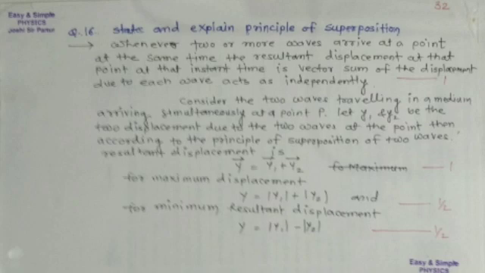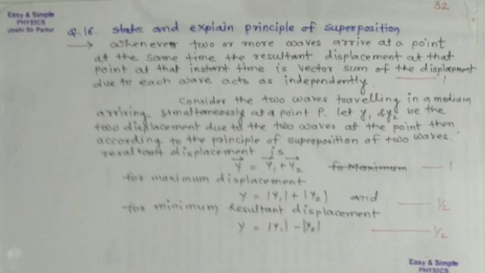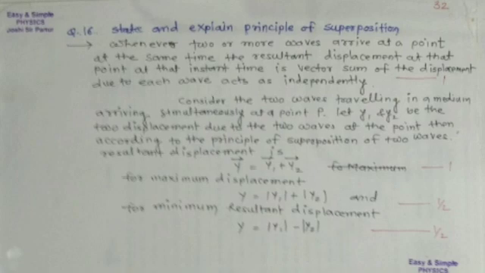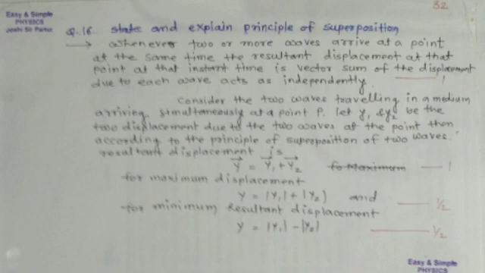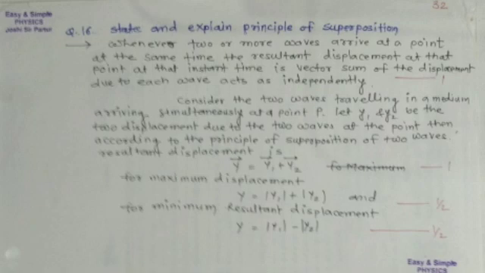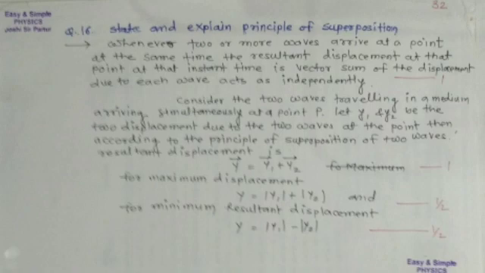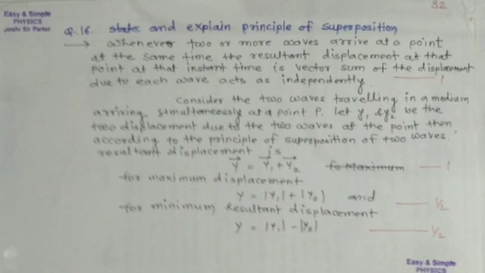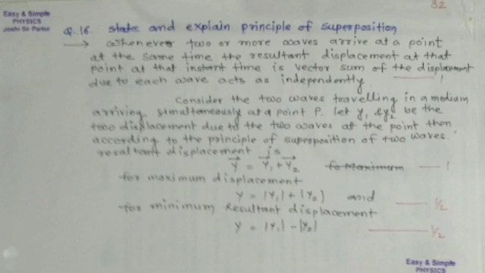Question number 16. State and explain the principle of superposition. Answer: whenever two or more waves arrive at a point at the same time, the resultant displacement at that point at that instant of time is the vector sum of the displacements due to each wave acting independently.